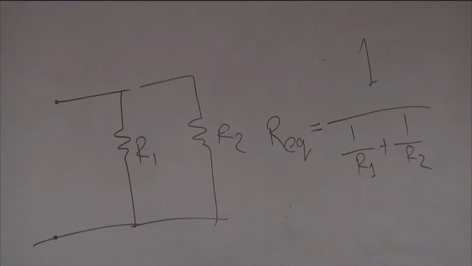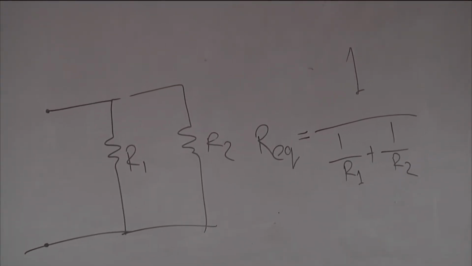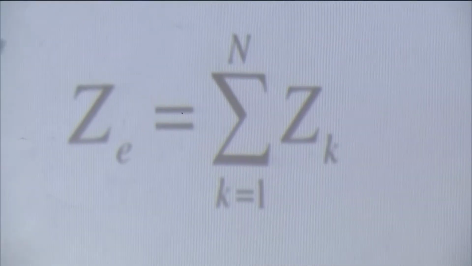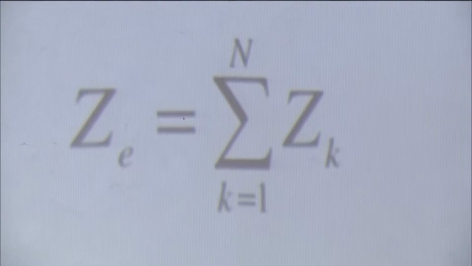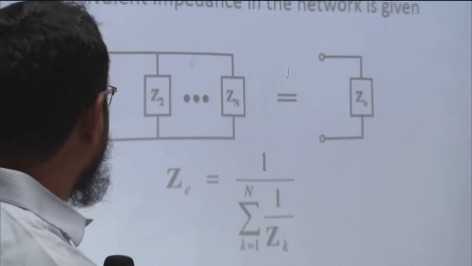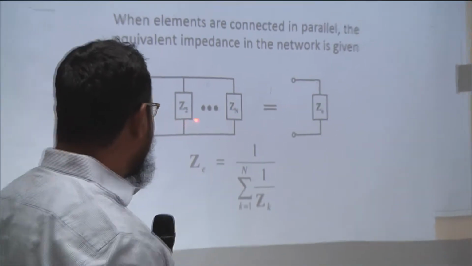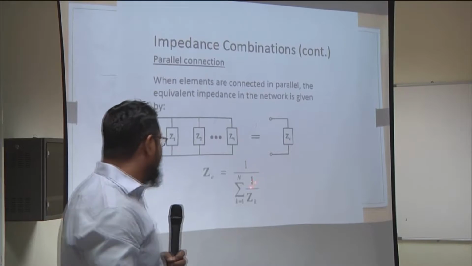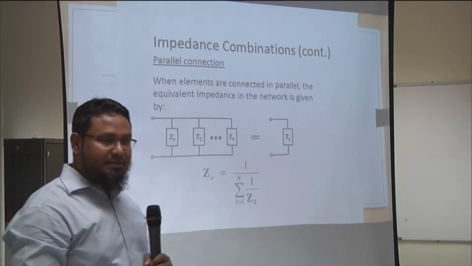So whenever you have series, you just add them up. This is the summation from 1 to n, whatever the n is. N is 3 if you have 3 impedances. N is 4 if you have 4 impedances in series. So you just add them up. What happens if you have parallel? There you go. Same principle. Whatever you did with resistances, you do the same thing with impedances as well.